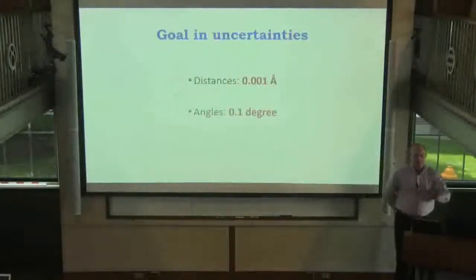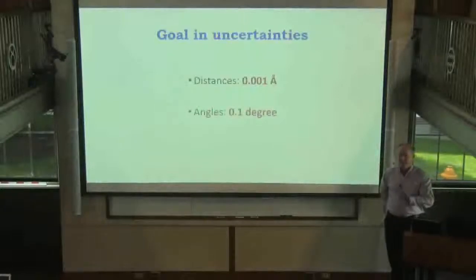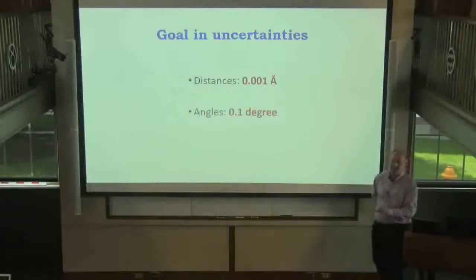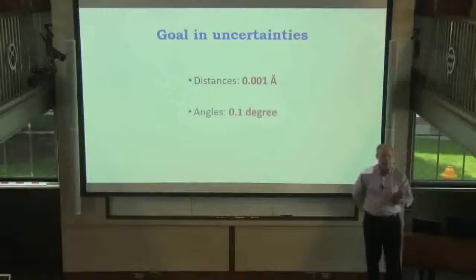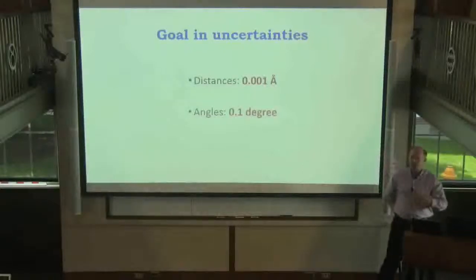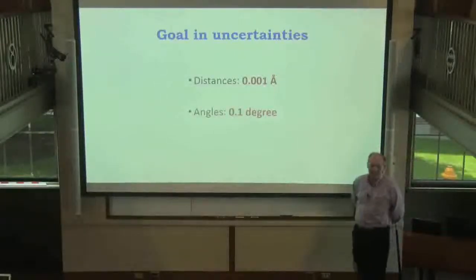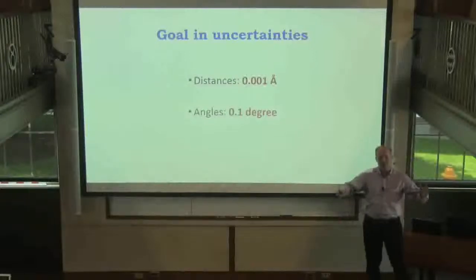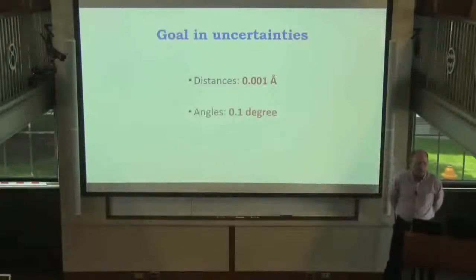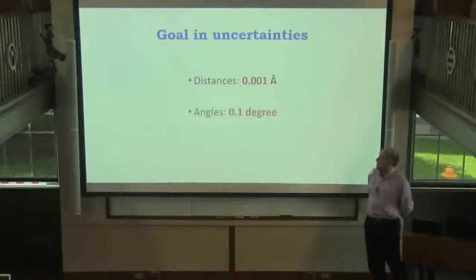Just at the very beginning, what experimentalists and also theoreticians would consider as accurate structures of medium-sized molecules, let's say from 10 to 20 atoms, is if the distances would be known to thousandths of an angstrom and the angles to a tenth of a degree. So that's like the holy goal of measuring or computing structures of molecules.